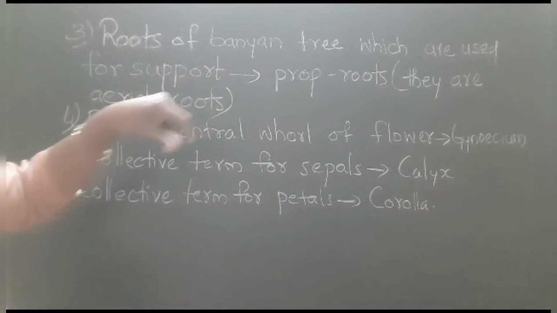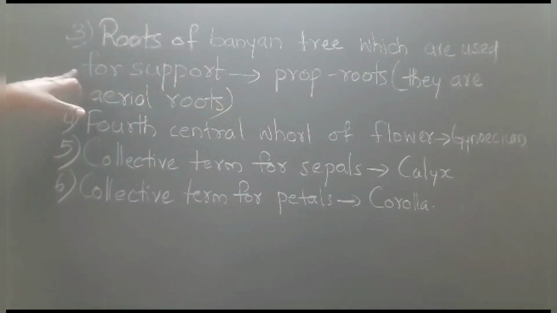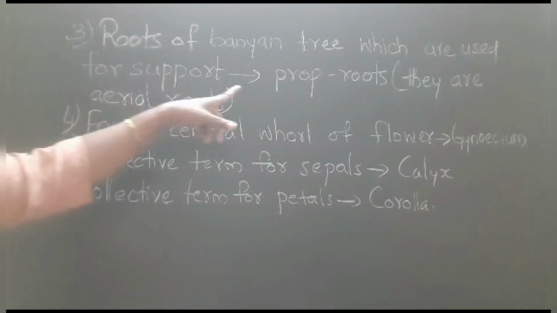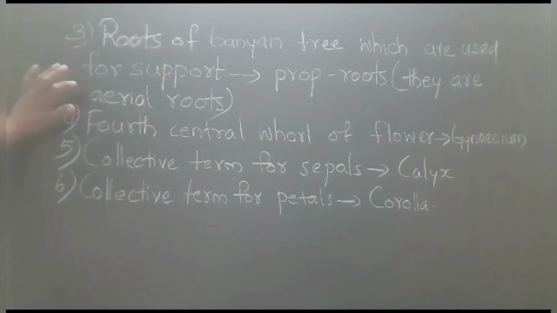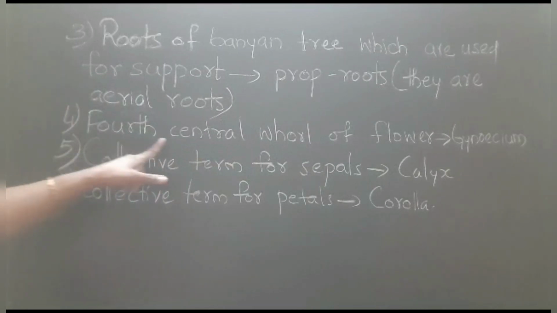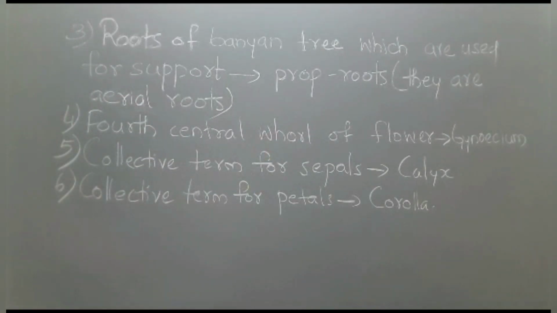Roots of banyan tree which are used for support, they are called prop roots. They are aerial roots. Then fourth one. Central part of flower is called gynoecium. Then fifth one. Collective term for sepals is calyx. Collective term for petals is corolla.